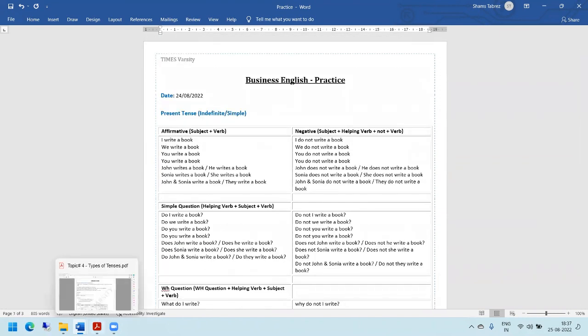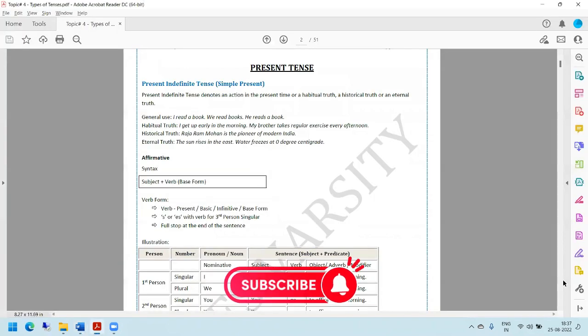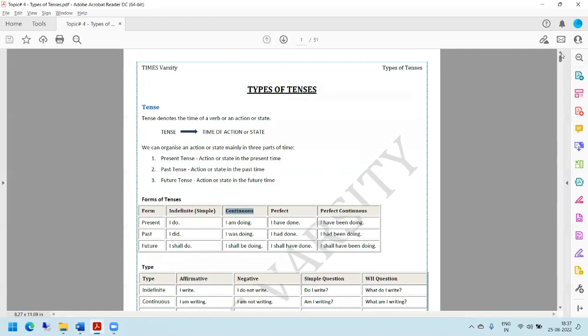In tomorrow's session, we will discuss the present perfect tense. Any question before we conclude today's session? Initially, we will go a little slow.